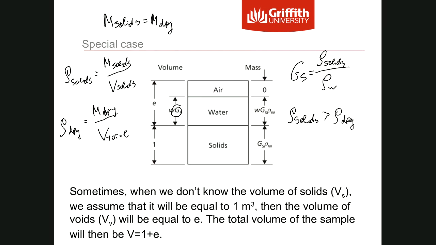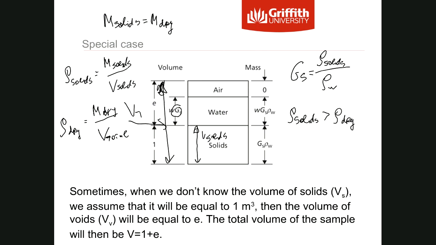For dry soil, we have total volume, this one is total volume, VT. So what we do, we take this mass of solids and divide by this value, which is a very large volume. But for density of solids, we use only this value, which is volume of solids.